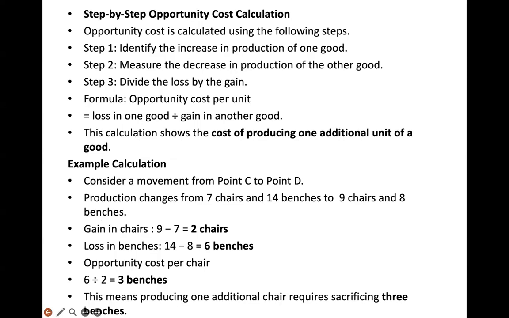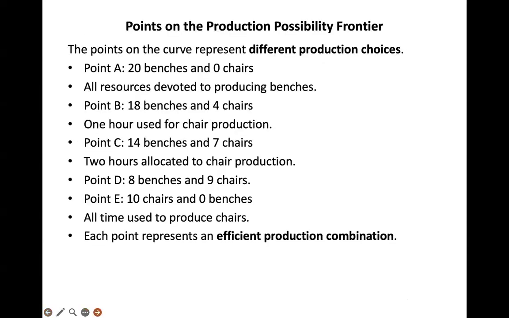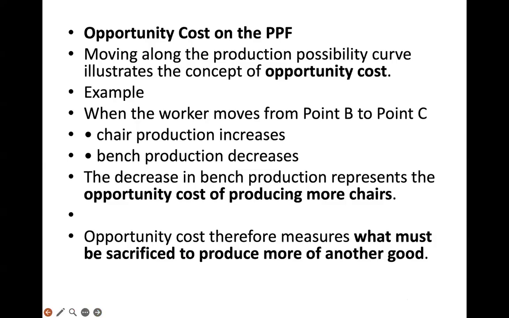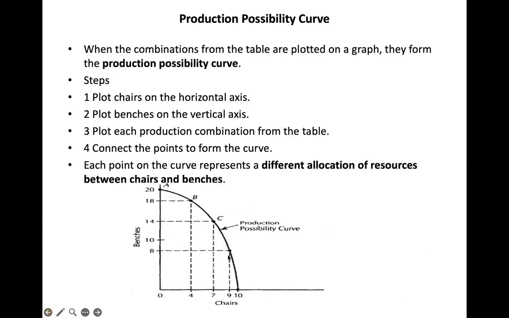So let's take what we saw on the graph when moving from point C to point D, which is 14 to 8. At 14 benches, the worker was producing 7 chairs. That's C. Then D, at 8 benches, the firm was producing 9 chairs.